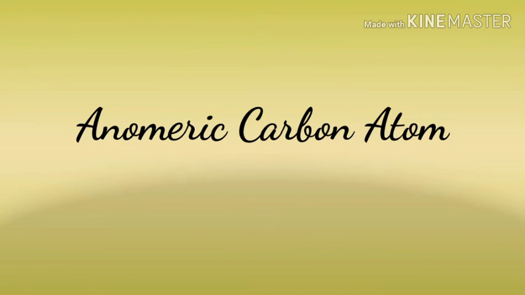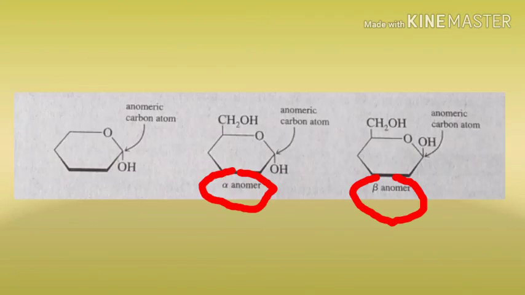Anomeric carbon atoms are those hemiacetal carbon atoms present in cyclic monosaccharide structures. These carbon atoms are bonded to an OH group and to the oxygen atom in the heterocyclic ring. Its stereoisomers have two forms, an alpha form and a beta form.